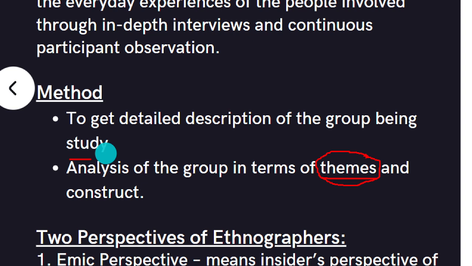Hindi ibig sabihin na ethnographic siya ay yung mga IP o yung mga nakatira sa liblib na lugar ang pupuntahan ninyo. It does not necessarily mean that. Kasi sa Navotas pa lang o sa Manila pa lang, meron na yung kanya-kanyang kumpul-kumpul na grupo. For example, ang Navotas, may kanya-kanyang barangay.